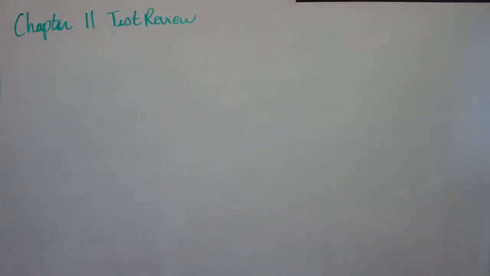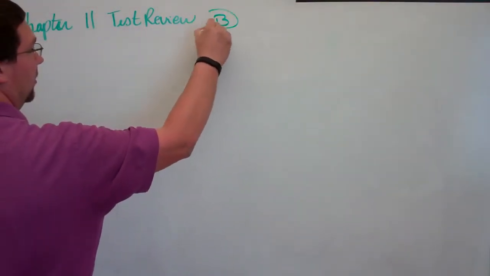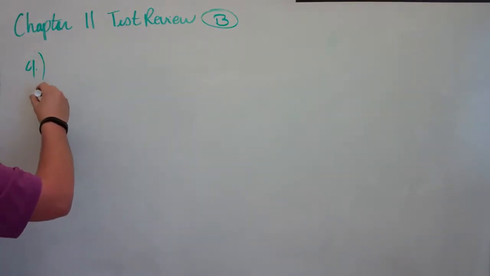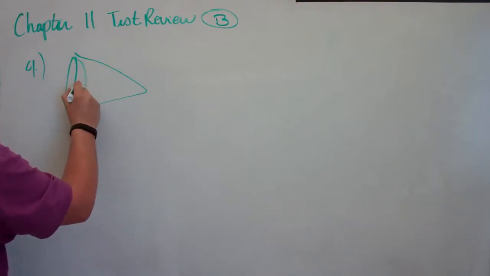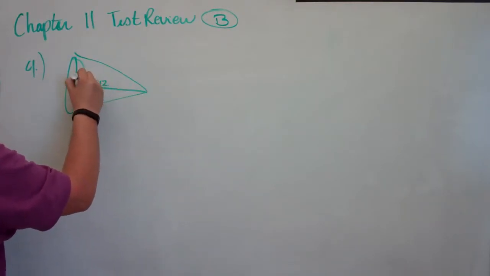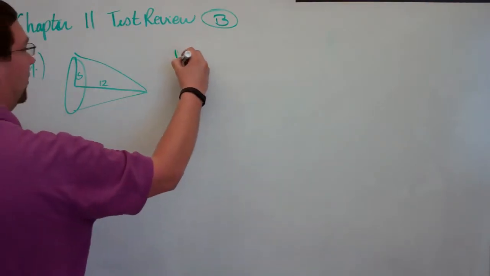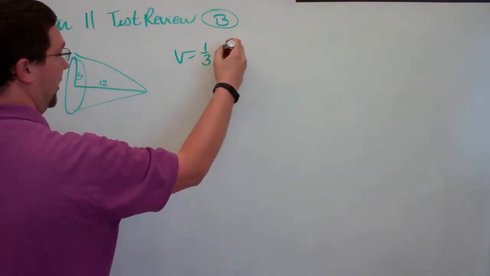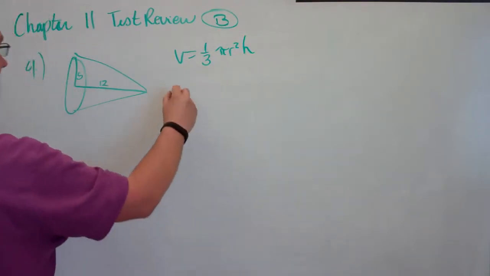Alright, part B. Head over to part B now. Number 4. It says, find the volume. Alright, now we're on part B. Number 4, we have a cone. If you notice, this cone is the same cone from the other one that we found surface area for. Now we're just finding volume. Well, remember, volume, 1/3 area of the base, which in this case is pi r squared, times the height.